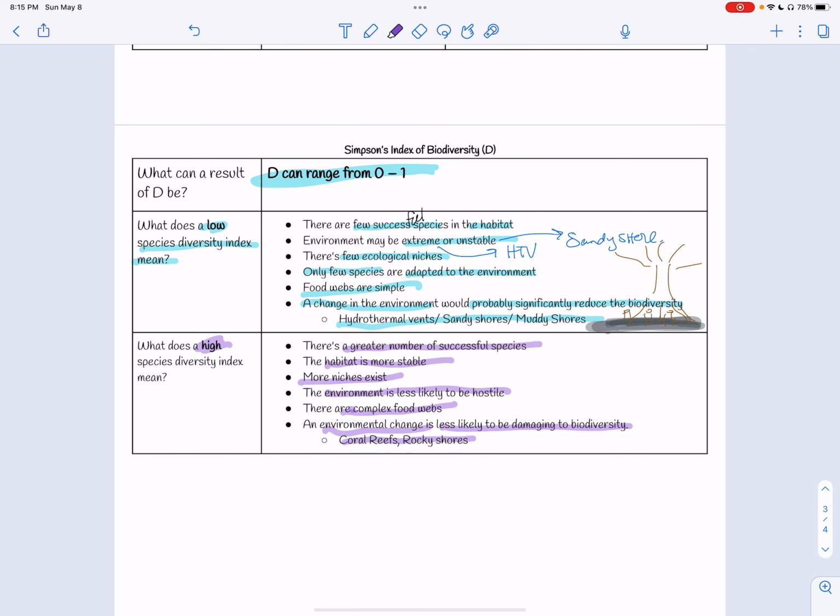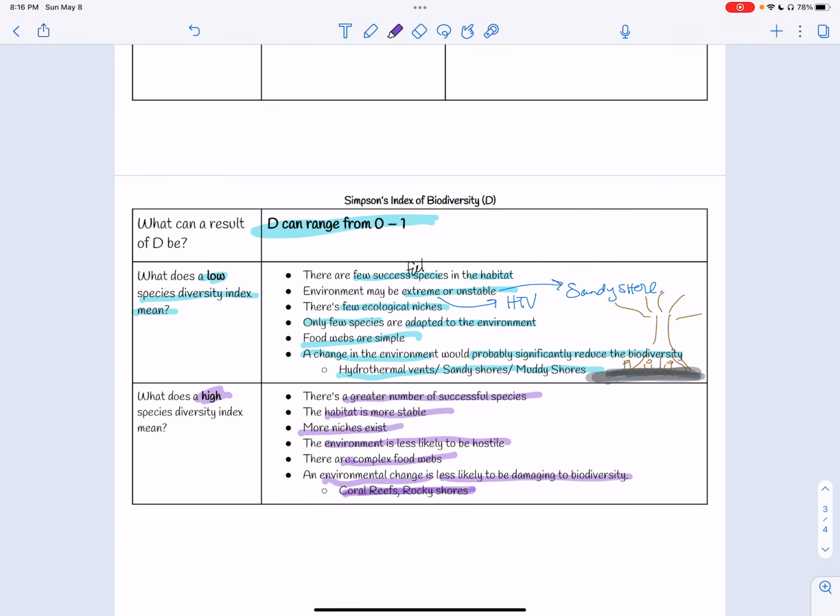So coral reefs and then even rocky shores. Within the rocky shore, the things that changed a lot in the abiotic factors would be the tide pools, and those would change twice a day. However, the tide pools also allowed rocky shores to maintain a pretty high biodiversity because they did mimic some of the marine habitat once the tide went out.